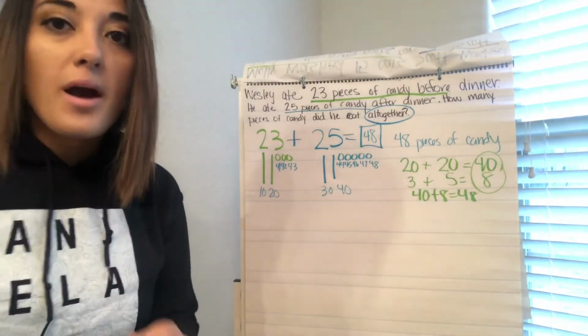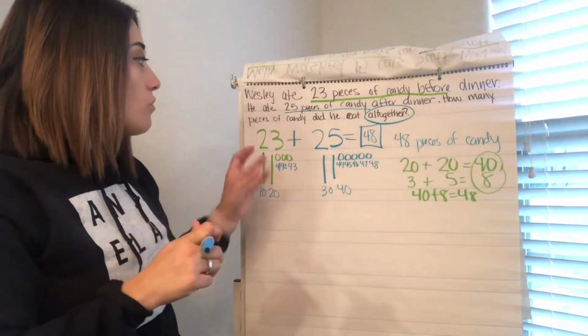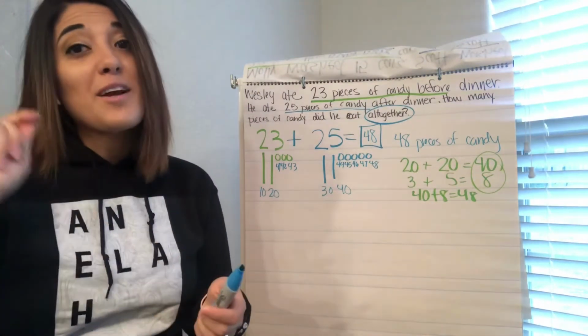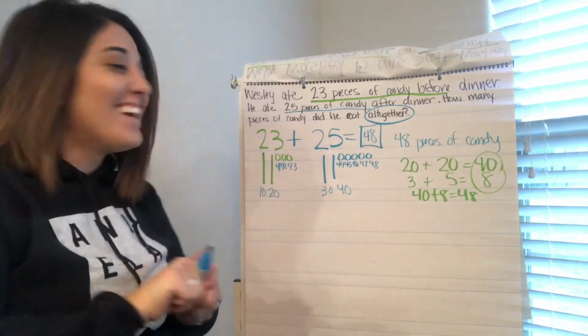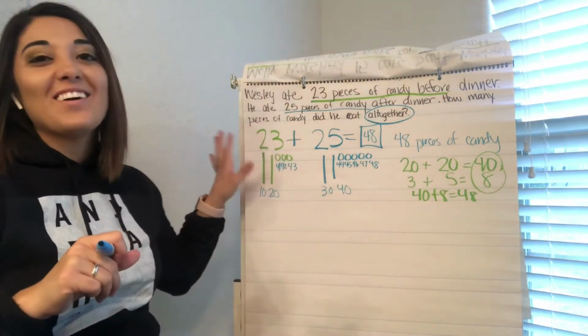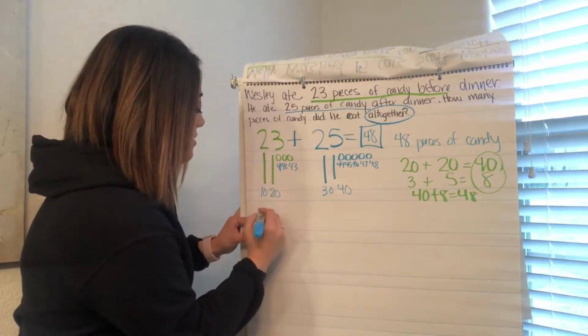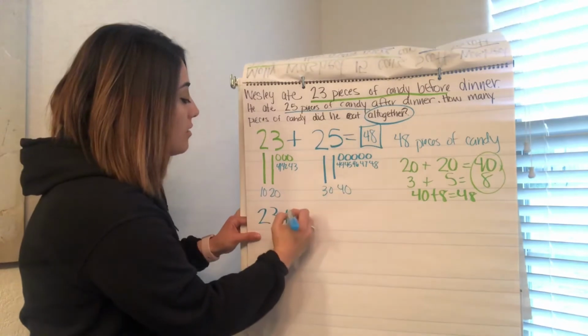All right, I think I'm going to show you one more strategy for incrementing. Sorry, my kids are learning in the background, so you may hear some whispers. All right, so we have 20. I'm going to start at 23, and then add the 20.